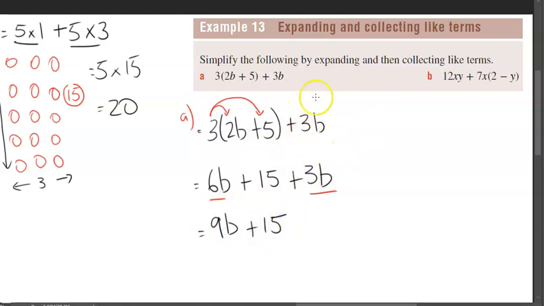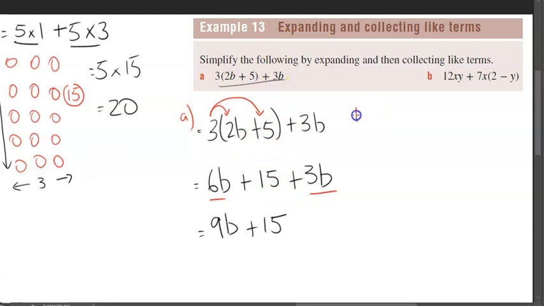So this plus 3b changes this because it's being added to the expanded version of this here, where the 6b plus 15 comes from. So we're adding that 3b afterwards to get a 9b plus 15. So make sure that when you see a question that looks like this, you also do the addition or subtraction of whatever the like term is.